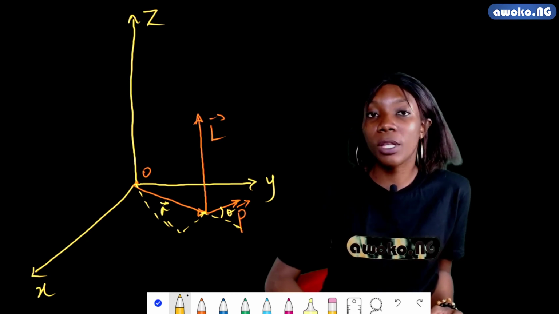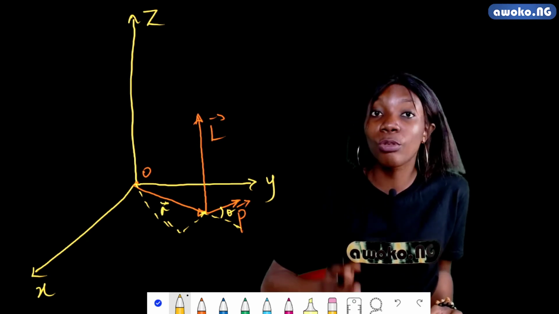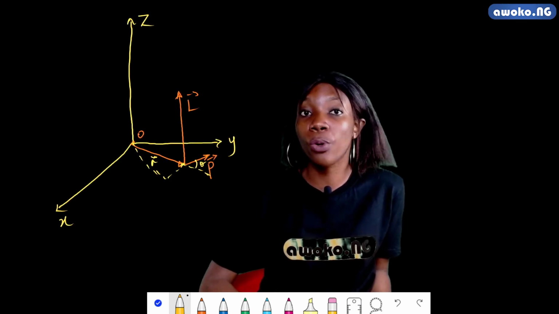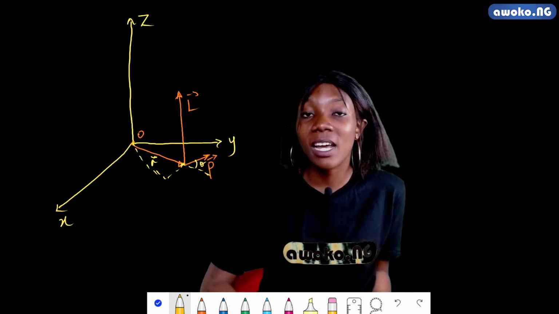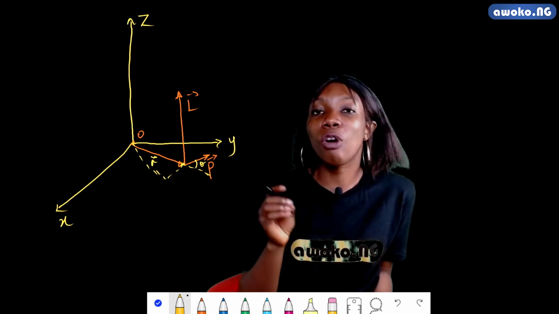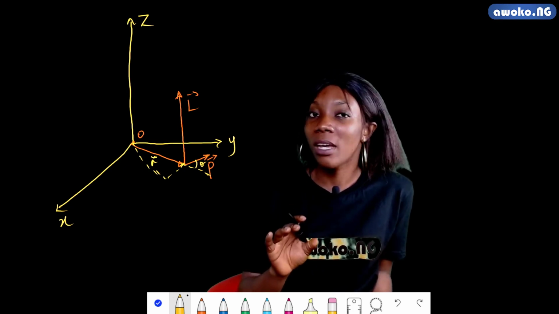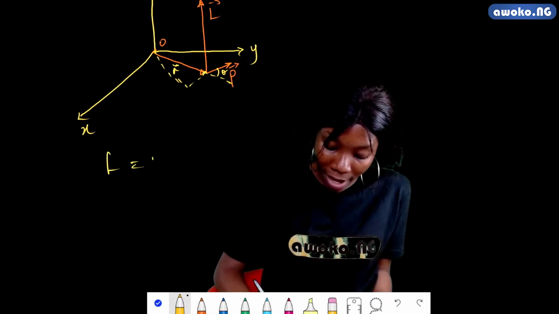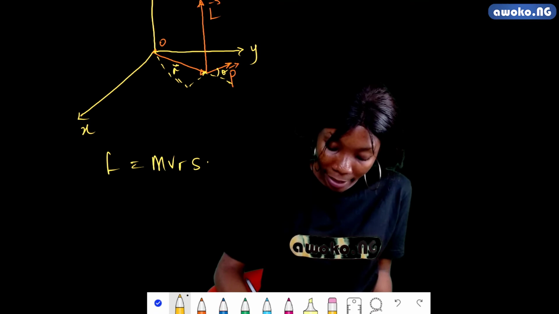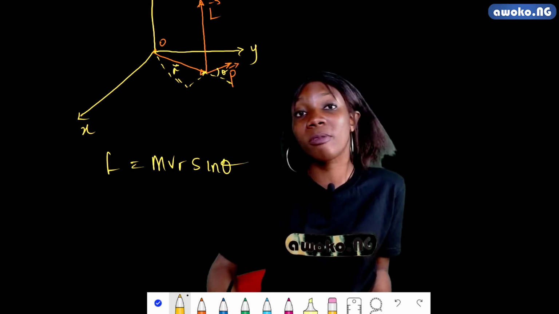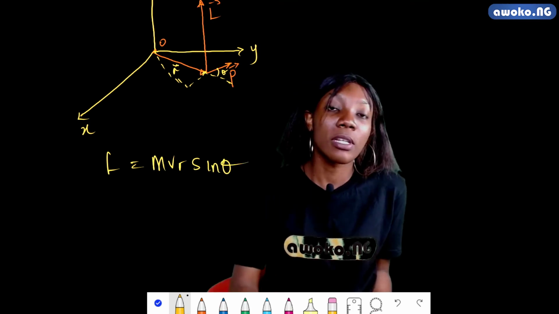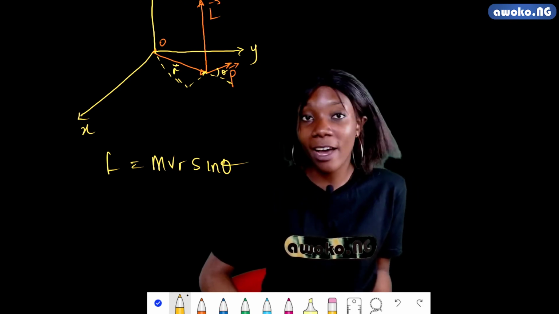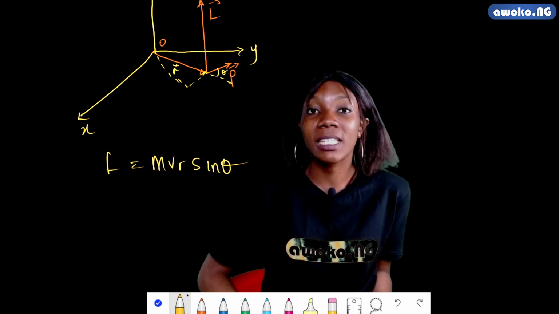Now the angular momentum with respect to the origin is L equal r cross p, which we know already, and it is in the z direction. The direction of L is given by the right hand rule, and its magnitude now is L equal mvr sine theta. You can look up the right hand rule at your own private time, okay?